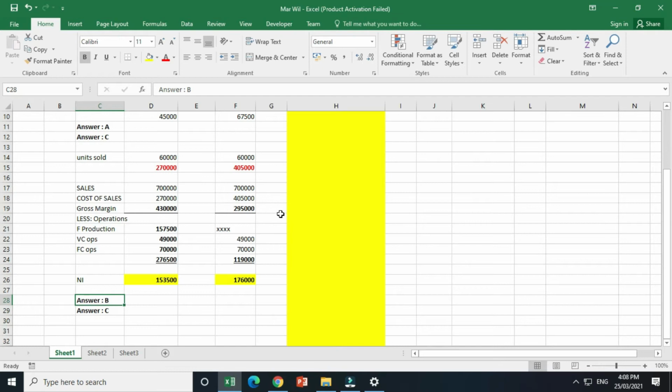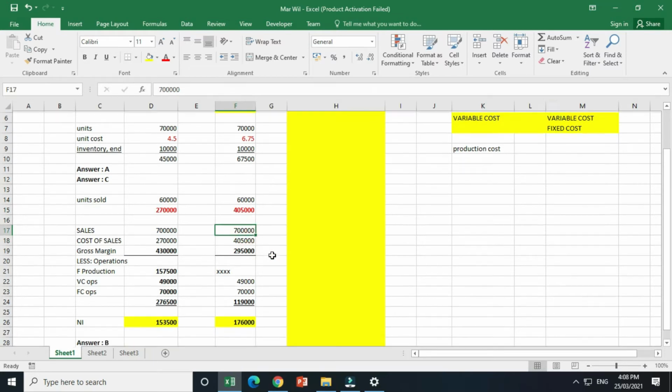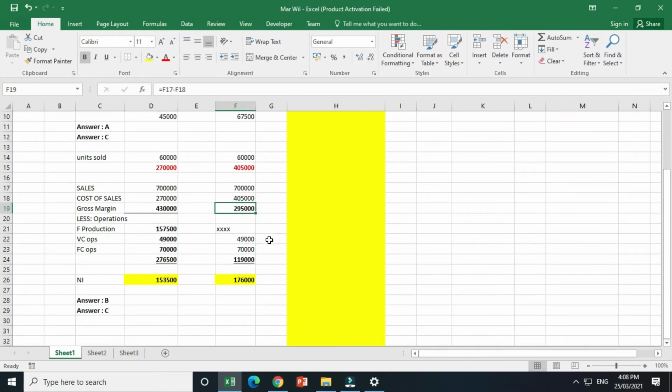So now the answer, 405,000, 295,000 rather, because again we simply multiplied 6.75 by 60,000, we get 405,000 as cost of sales, and we deduct that from the sales, so 295,000 gross margin.